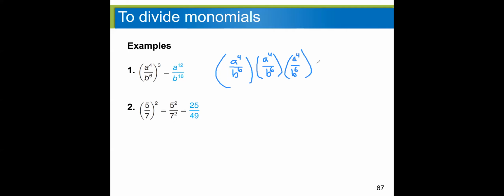And then we multiply straight across to give us 4 times 3 is 12, and 6 times 3 is 18. A to the 12th, b to the 18th, right? That's the long form version.